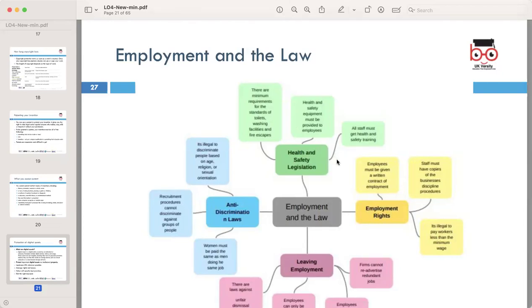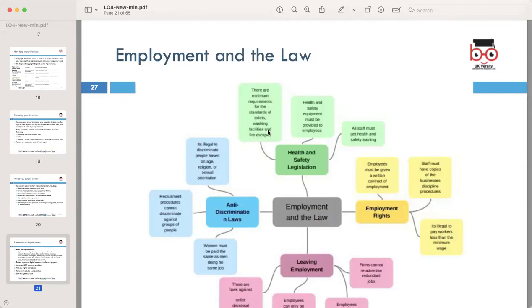Written contracts must be given to employees, and it is illegal to pay workers less than the national minimum wage. Firms cannot advertise redundant jobs, and employees must have copies of the business discipline procedures.